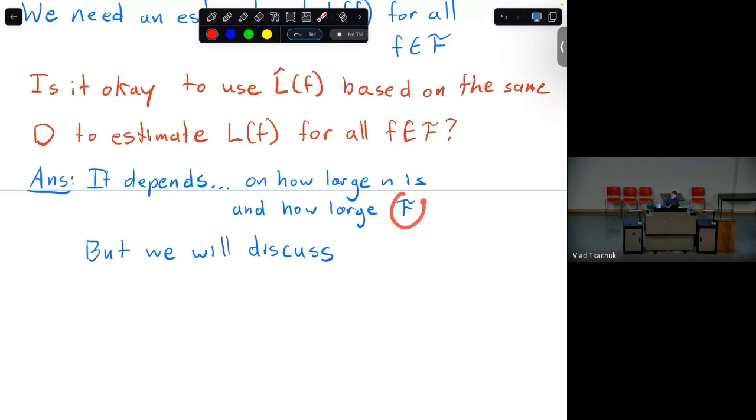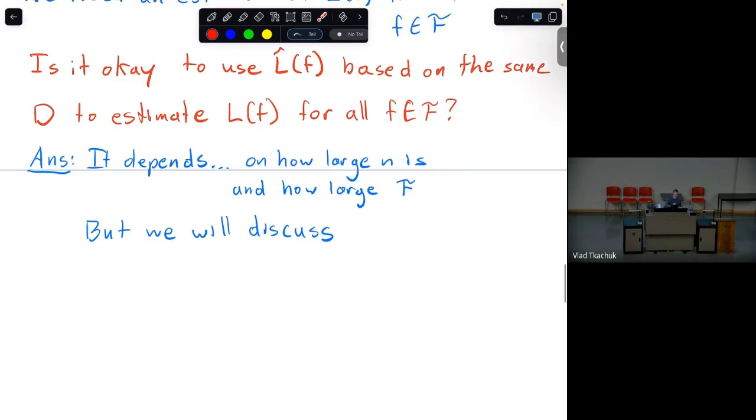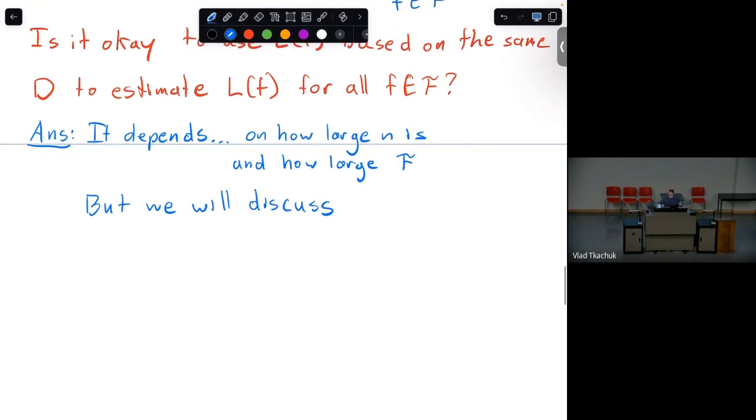And if you make the function class really, really small, it's also okay. But if you have a really big set of functions to pick from and a very, very small data set, there are some problems. That should also make intuitive sense. If you just had one or two house prices, and you pick a really complicated function with all this curvature that fits them well, do you really think that's a good predictor? Probably not. Okay, so that's the answer.